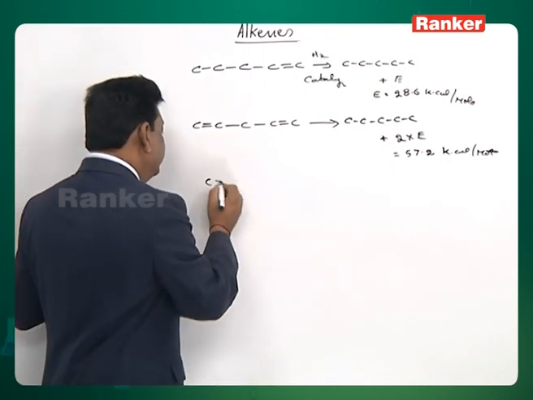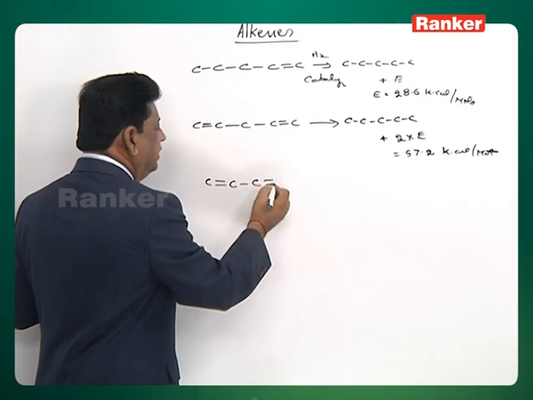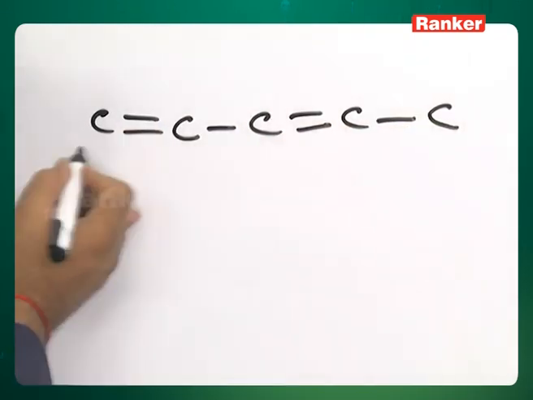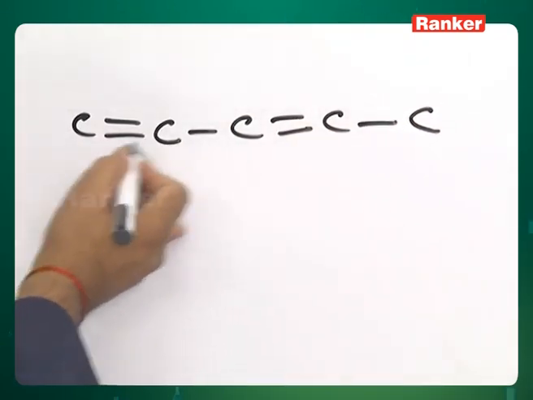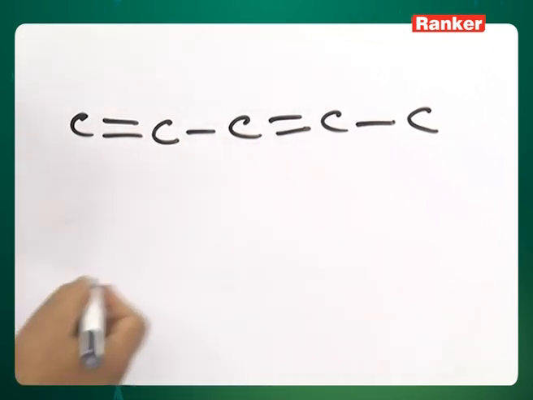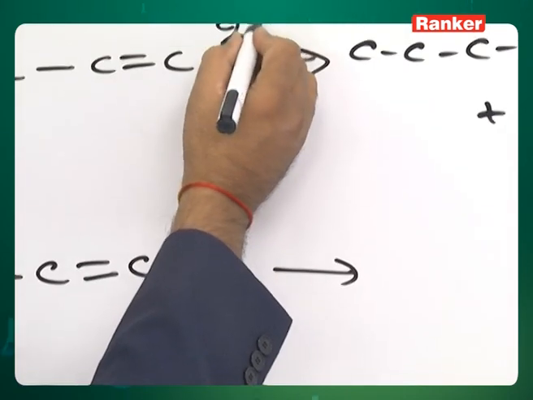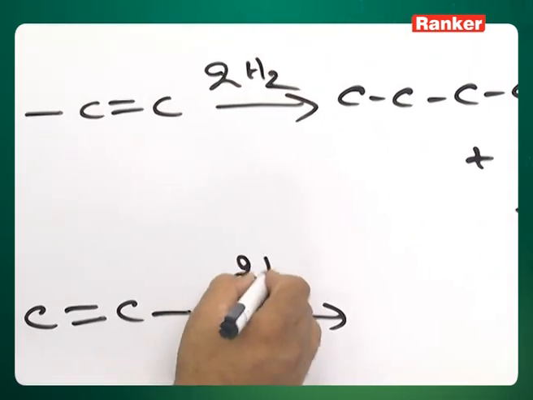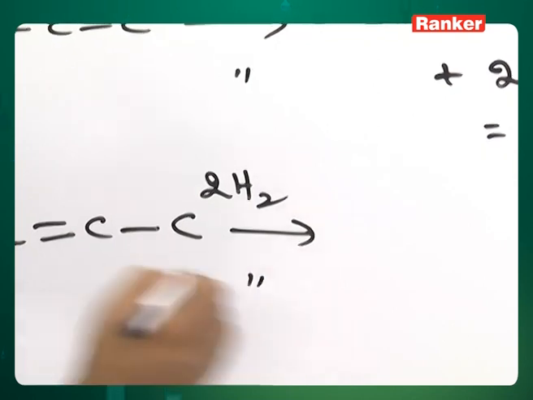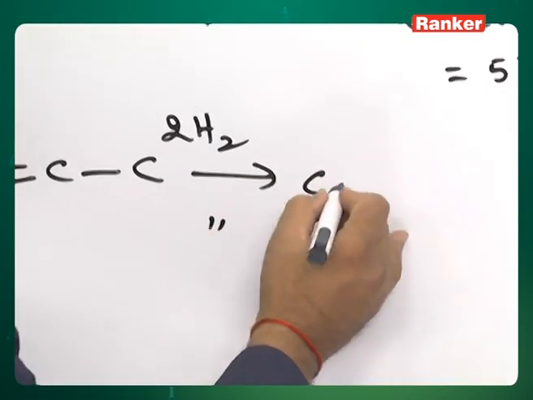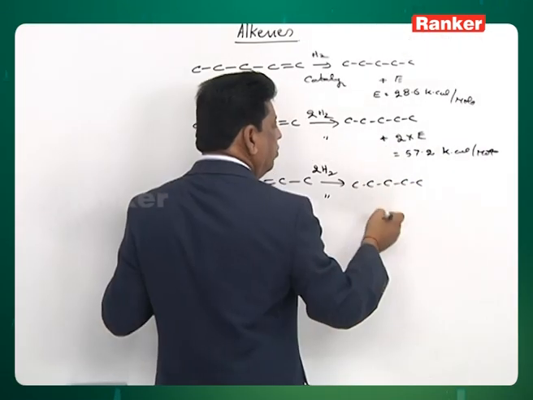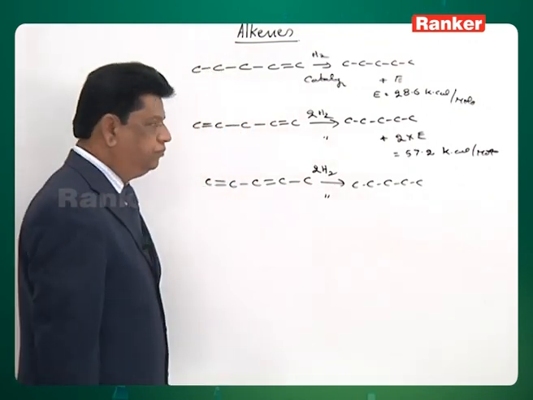Now, take another compound having two double bonds one after the other, called alternating, which shows resonance. When hydrogen is added, 2 moles of hydrogen will be consumed under the same catalyst influence. What you get is pentane. Now, what is the expected energy?